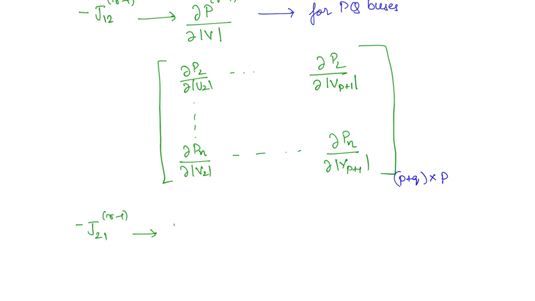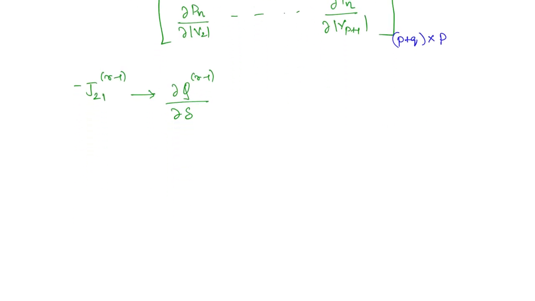Next, minus J21 at r minus 1. This is equal to the partial differentiation of the reactive power with respect to the voltage angle. This submatrix starts from ∂Q2 by ∂δ2, and next the same reactive power ∂Q2 with respect to ∂δ3, continuing till ∂Q2 by ∂δn. Similarly ∂Q3 by ∂δ2, and it continues like that.